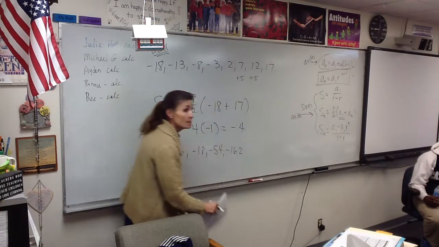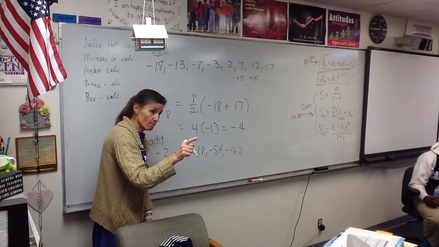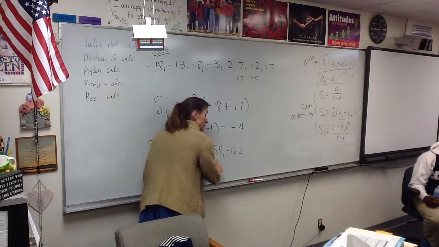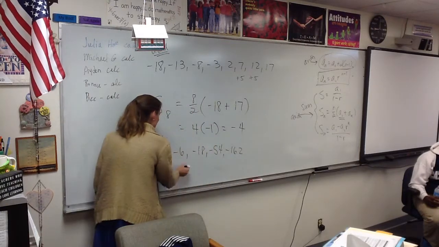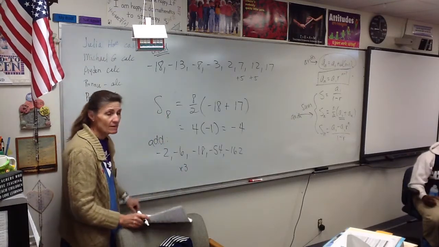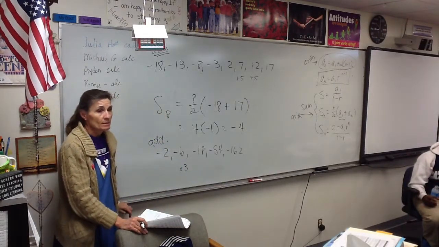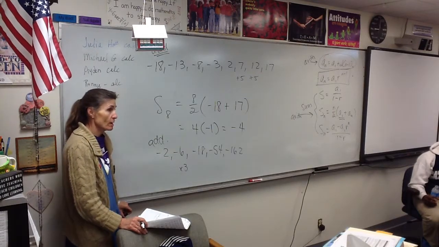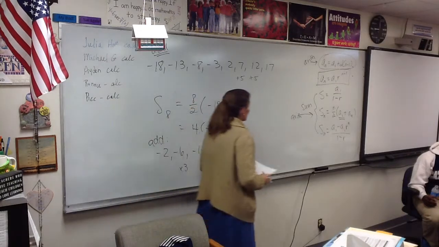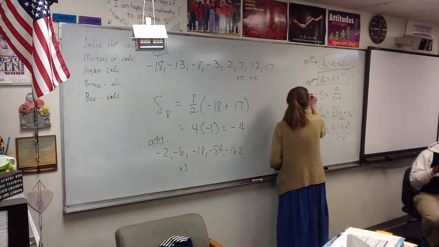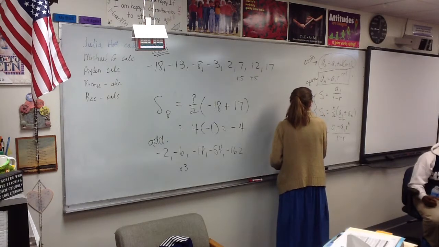To get from term to term, we are timesing by 3. And since we are timesing by 3, we do not have an arithmetic situation. We have a geometric situation. This is geometric, this is geometric, and this is geometric.